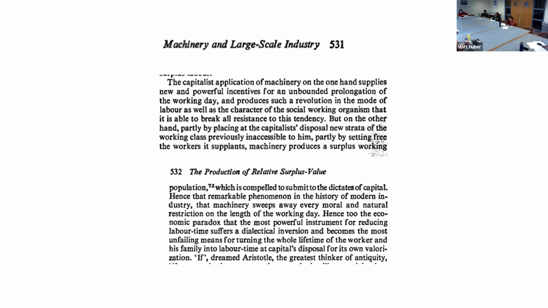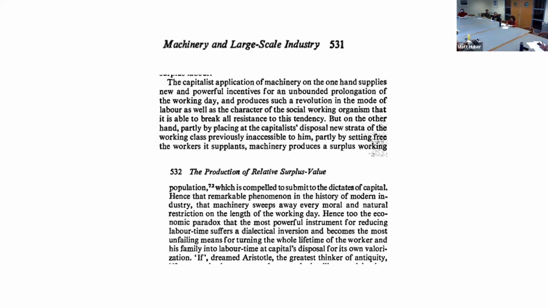And then he goes on to talk about what he calls a major paradox, which he says, on the other hand, partly by placing at the capitalist's disposal new strata of the working class previously inaccessible to him, partly by setting free the workers that machinery supplants, produces a surplus working population, which is a kind of spoiler alert.